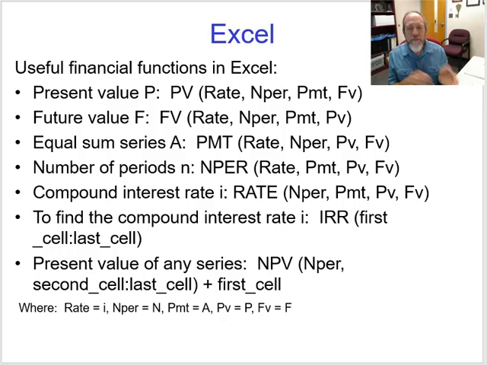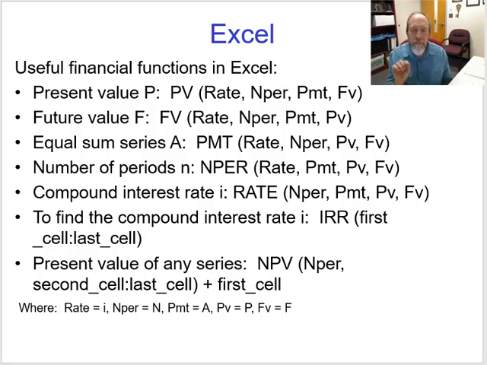Okay, so to find some of these, you're going to use specific functions, and these are the functions that you can use to get that value from the other ones. Like present value, PV: you use the PV function with the rate, the payment, FV, and the other values. It's not that hard.